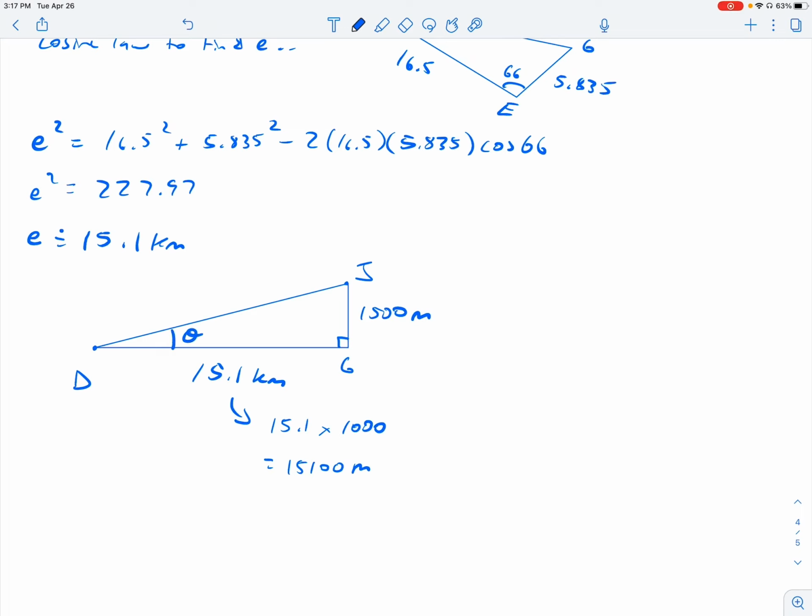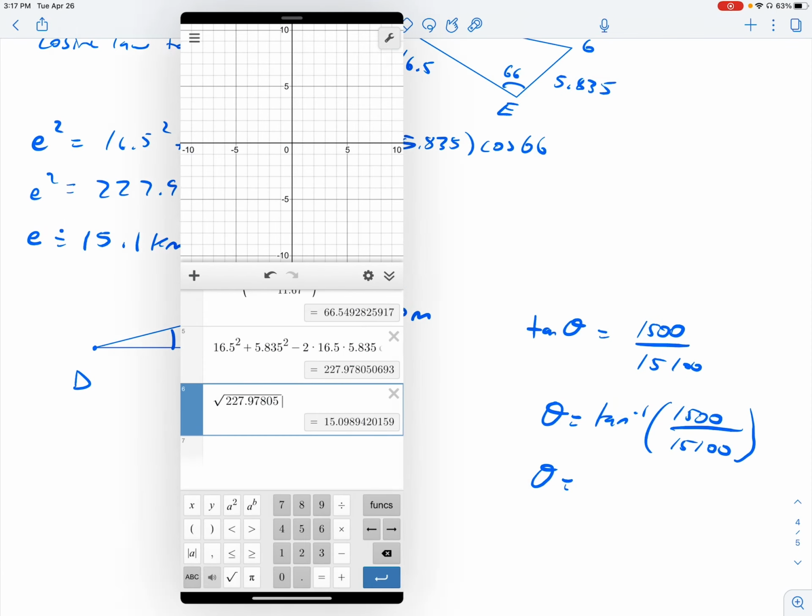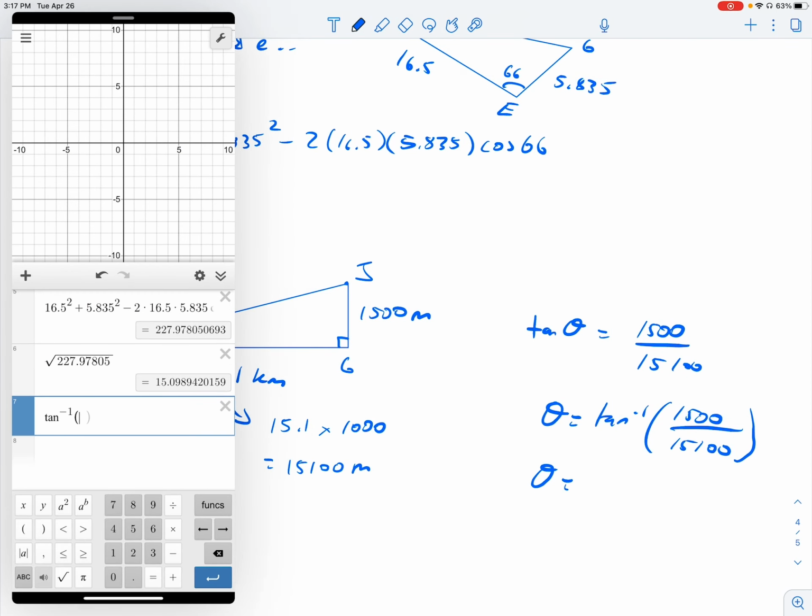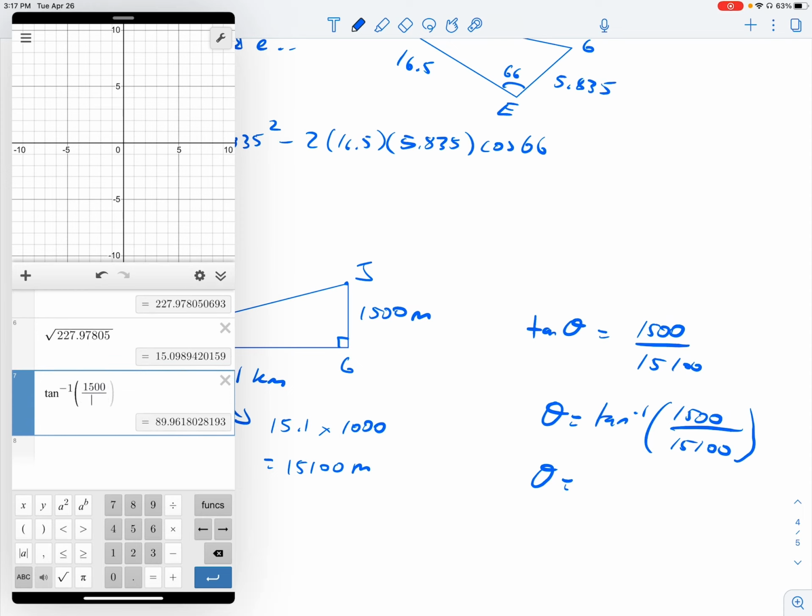Okay, now that those are in the same unit of measurement, I can apply tan to find theta, because there's my opposite length and my adjacent. So tan theta would equal 1,500 over 15,100. So tan inverse that to get the angle. It's 5.67, so we can round up.